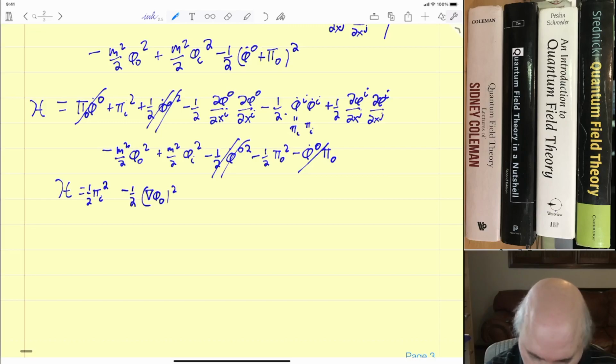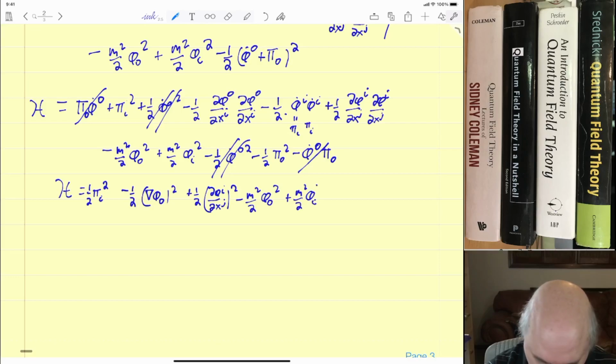Now I have plus 1/2 the partial of phi I with respect to xj squared, minus m squared over 2 phi 0 squared plus m squared over 2 phi I squared minus 1/2 pi 0 squared. And this agrees with Bjorken and Drell.